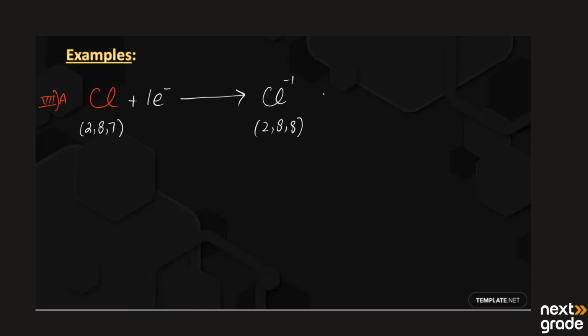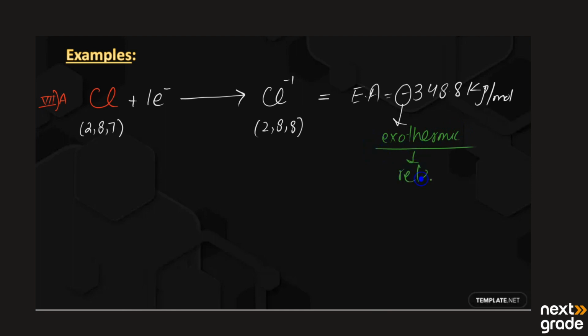Now the electron affinity, E.A., is equal to -348.8 kilojoules per mole. This negative sign shows that this process is exothermic. Exothermic means in this process energy is released. So addition of an electron is an exothermic process, and we show the value with a negative sign.